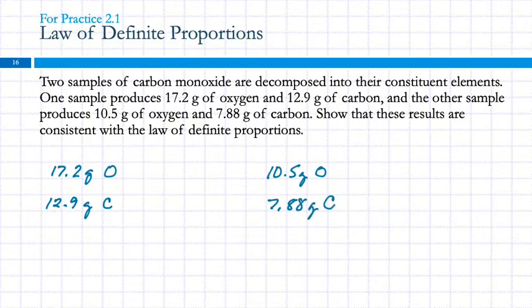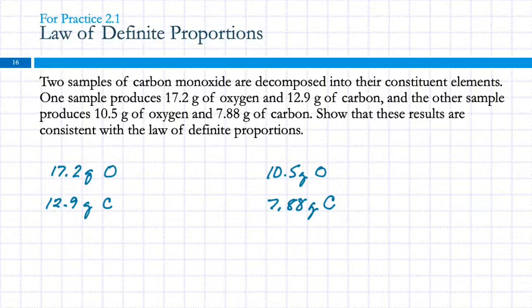I just pulled the numbers out. So it says, show that these results are consistent with the law of definite proportions. So then we need to understand what the law of definite proportions says. It says that the mass ratio of the elements in a compound is always going to be the same proportion. So if these are both the same compound, what should be true of the ratio? They should be the same.